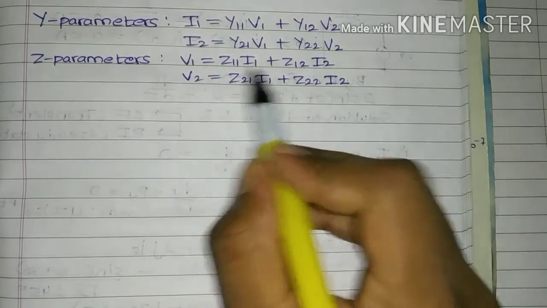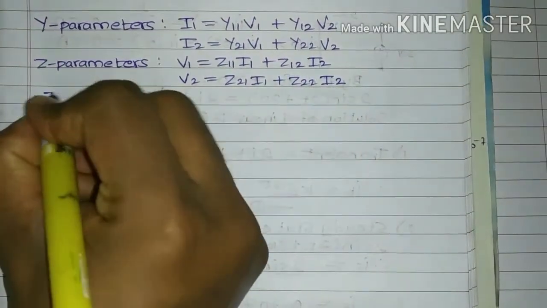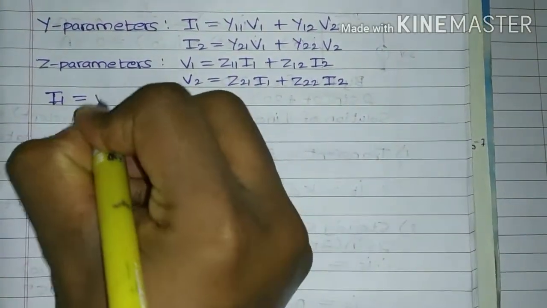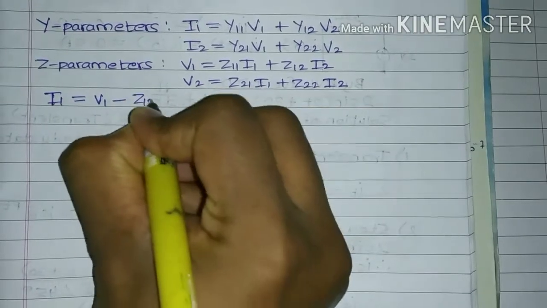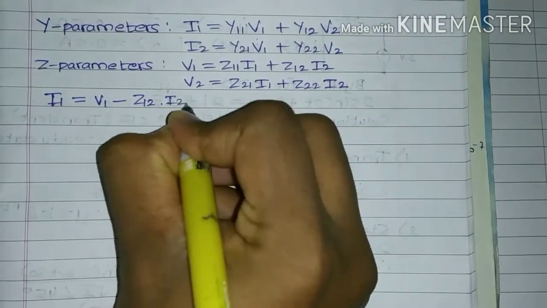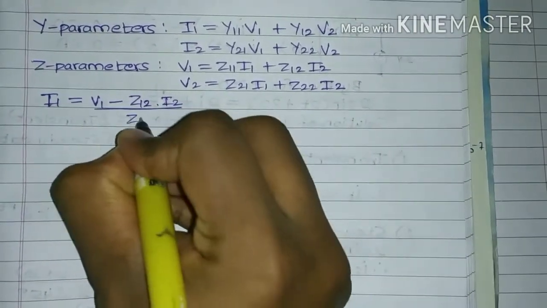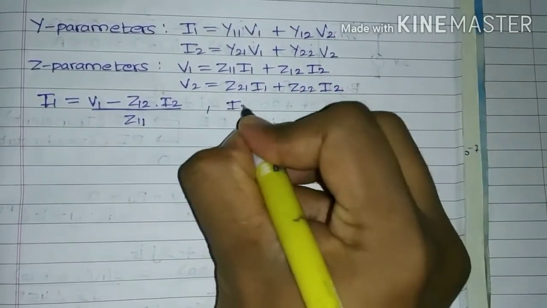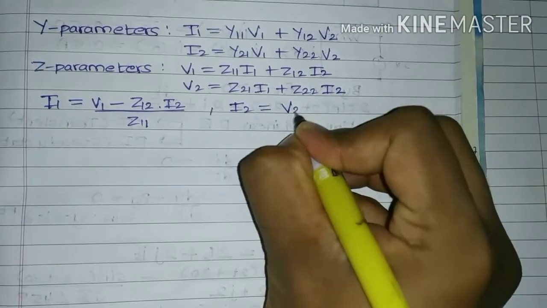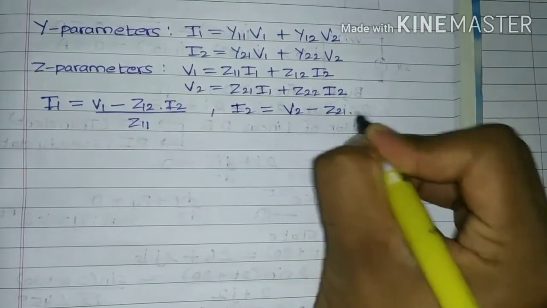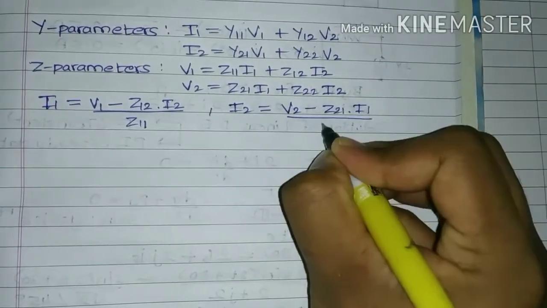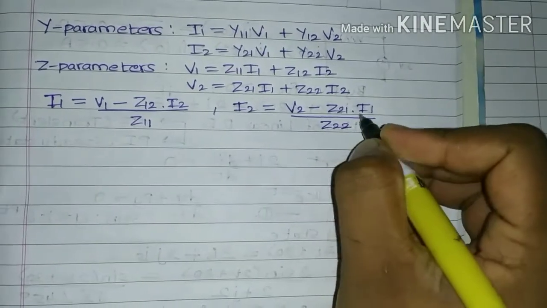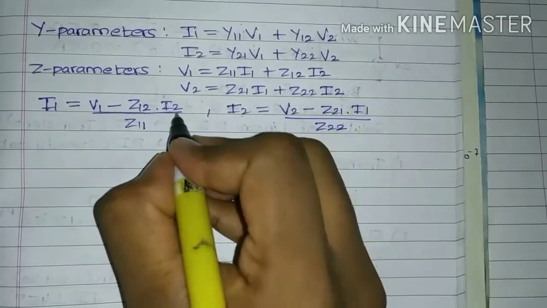So from this equation, we can write I1 will be equal to (V1 minus Z12 into I2) upon Z11. Similarly, from this equation, we can write that I2 is equal to (V2 minus Z21 into I1) divided by Z22, right? Now let's put this I2 in this equation.